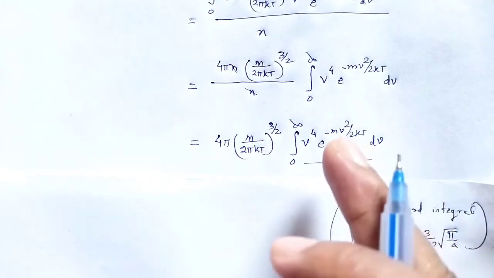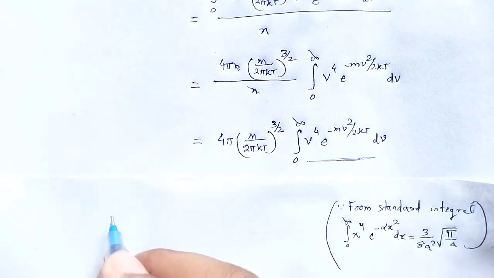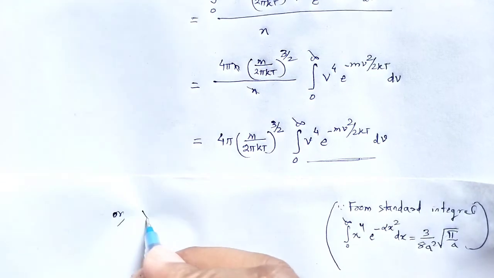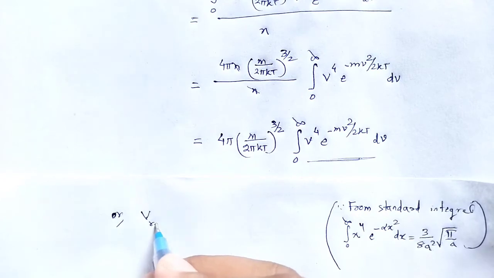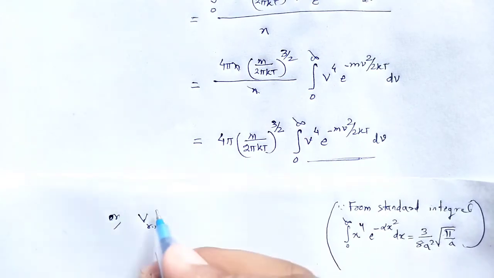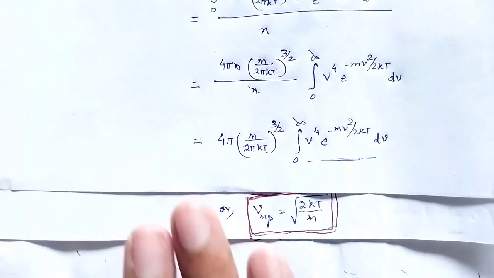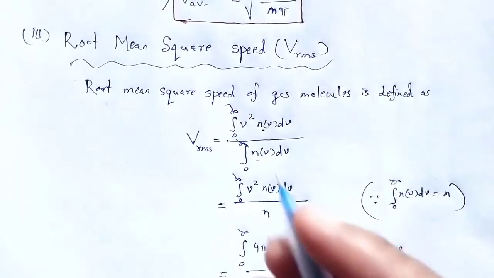That standard integral is used here. So we have v RMS square, the expression as we write, this is the square.